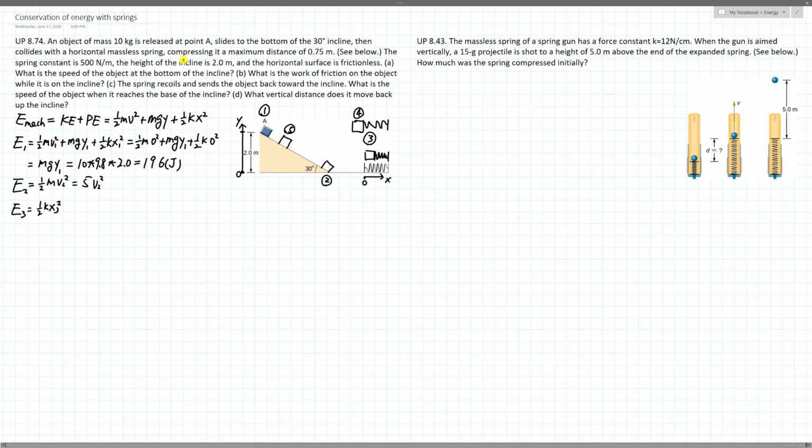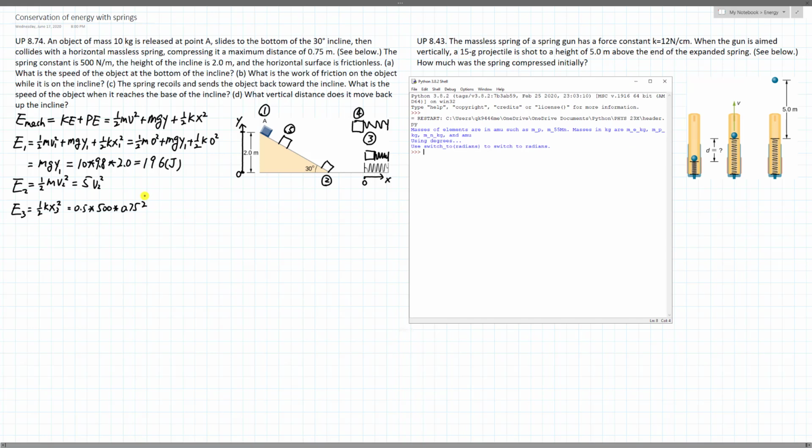And according to the question, compressing a maximum distance 0.75 with 500 newtons per meter. So this is 0.5 times 500 times 0.75 squared. So let's use our calculator. Okay, so let's get Python.